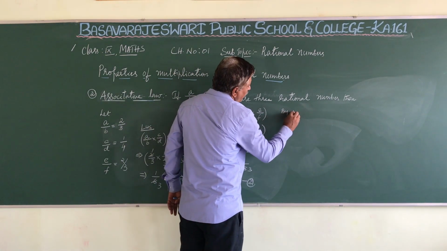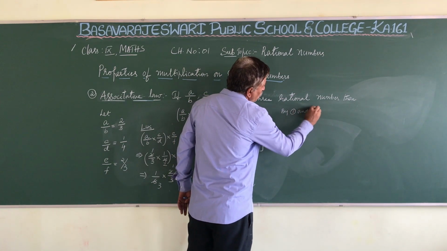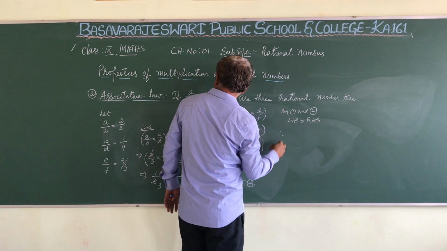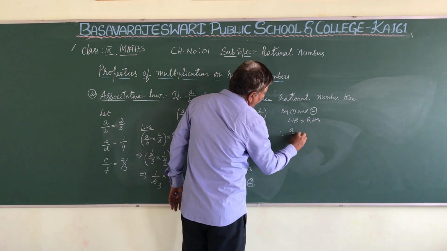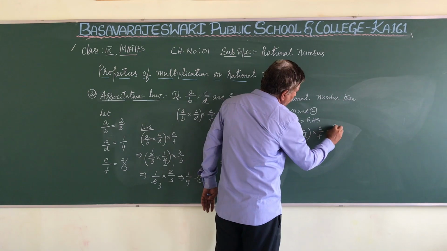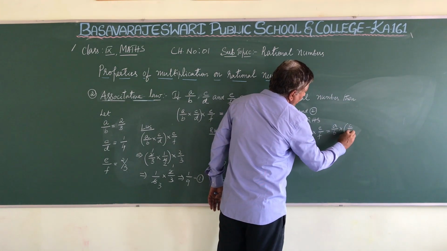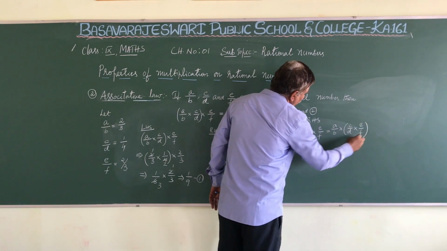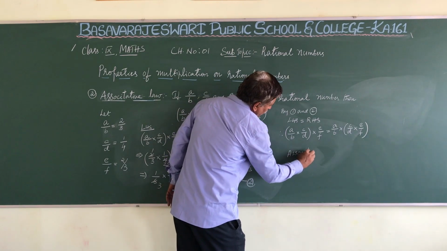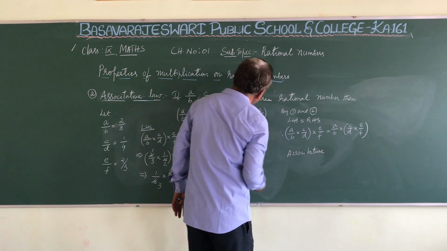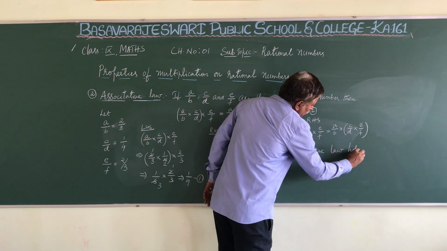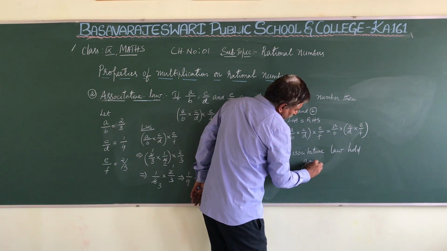So, by 1 and 2, left hand side is equal to right hand side. Therefore, A by B into C by D into E by F is equal to A by B into C by D into E by F. Hence, I can write that associative property or law holds good or satisfies.